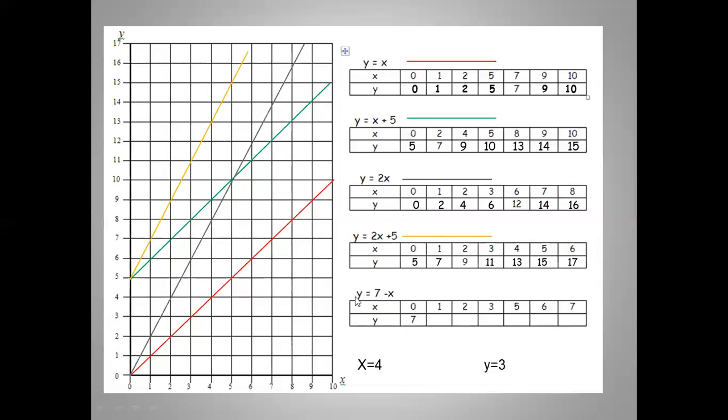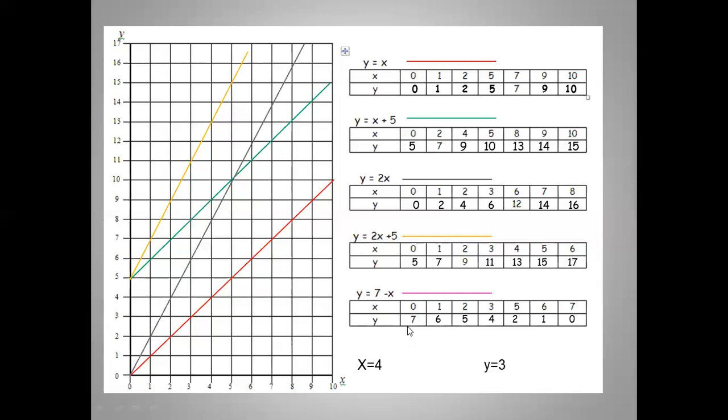And if he told me y equals 7 minus x, no problem. I will replace x with 0, which will be 7 minus 0 equals 7. 7 minus 1 equals 6. With x equals 2, I replace x with 2, so 7 minus 2 equals 5, minus 3 equals 4, minus 5 equals 2, and so on.